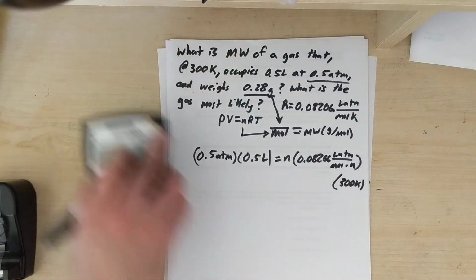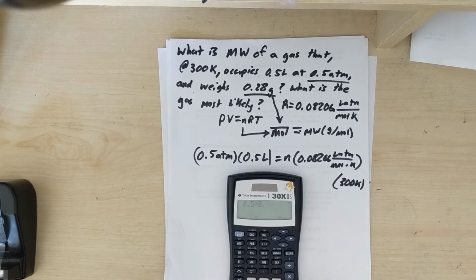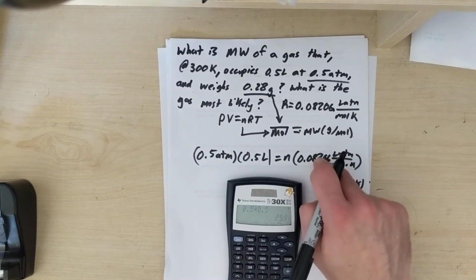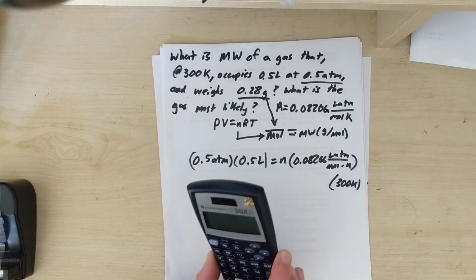Okay, so I will do that. If we take 0.5, multiply it by 0.5, that gives us 0.25 for this side. Then we're going to divide by 0.08206, and then we're also going to divide by 300. So we're just isolating N, just some basic algebra.